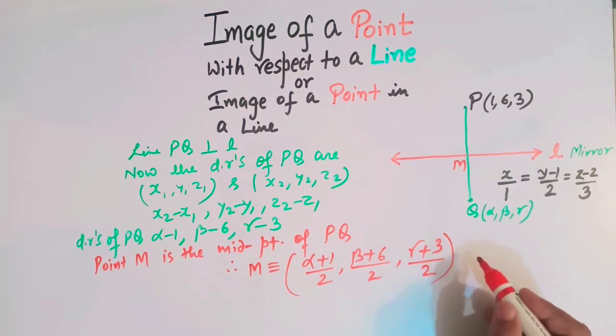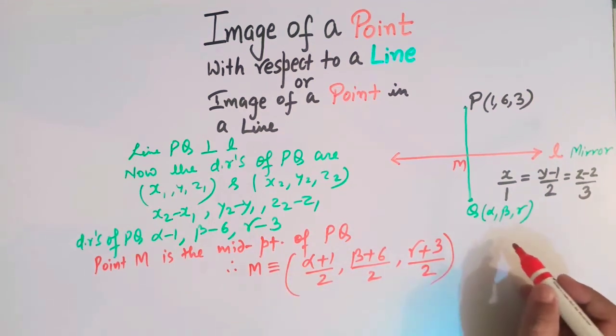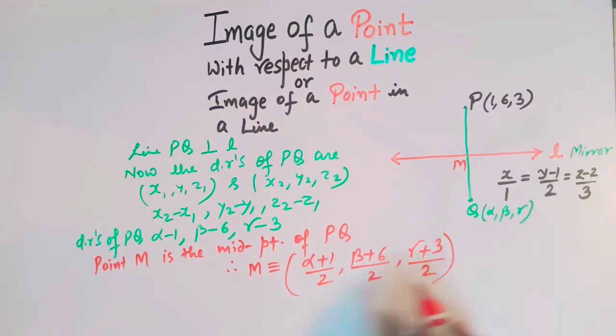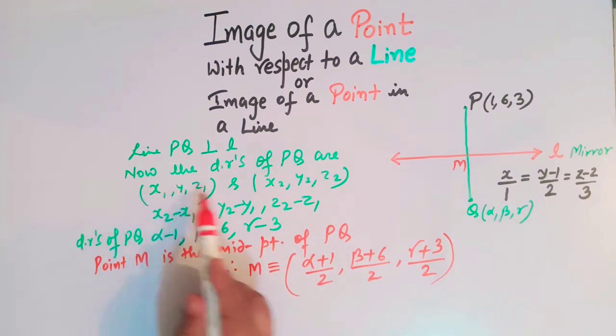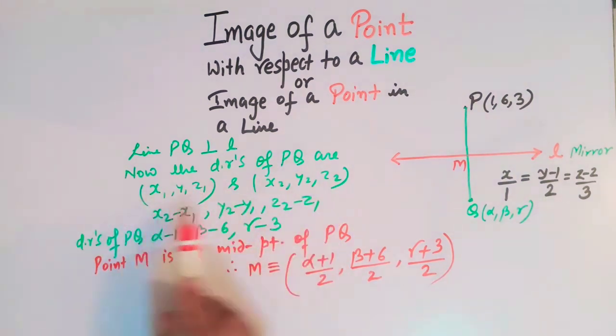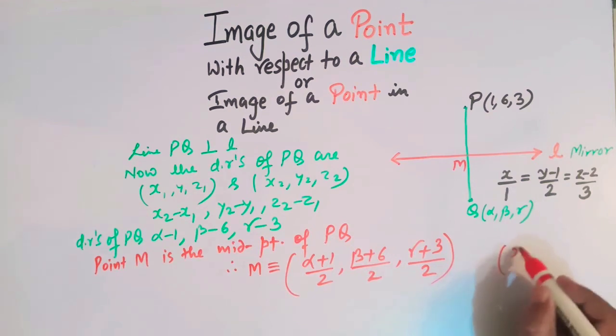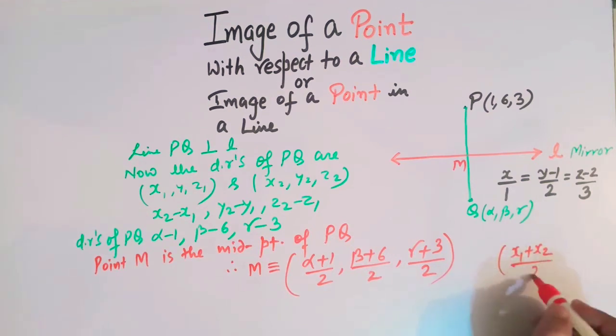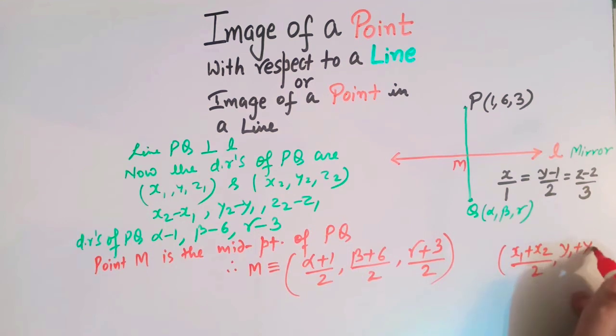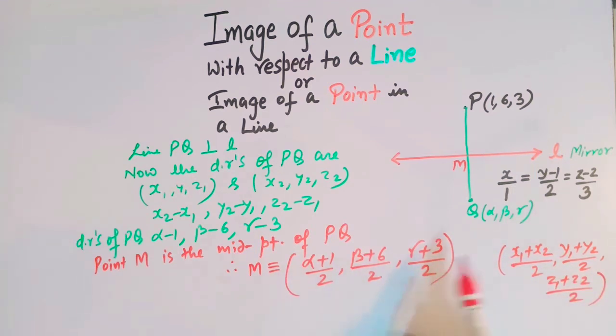Here we have applied the midpoint formula, which says that if the 2 points x1, y1, z1 and x2, y2, z2 are joined by a line segment, then the midpoint has the coordinates x1 plus x2 by 2, y1 plus y2 by 2 and z1 plus z2 by 2, right? So here the coordinates of M are given by these points.